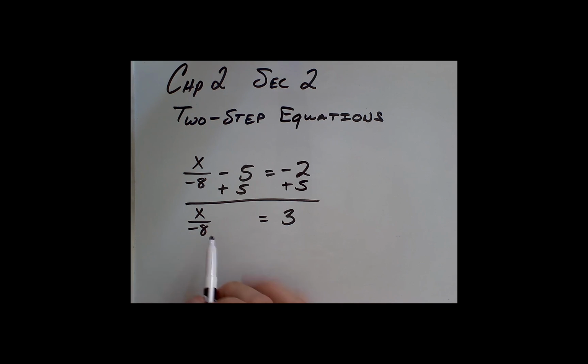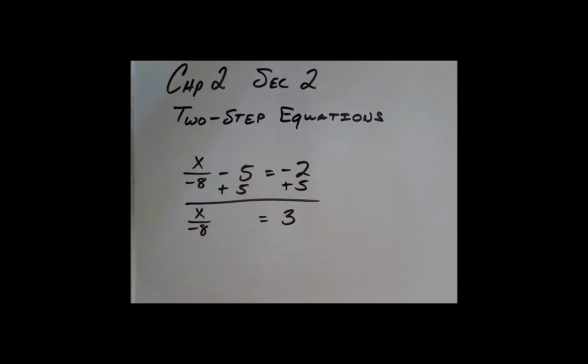Now we take a look at this negative 8 in the bottom. Remember before, in that last example, when we had the 3 in the bottom, all I did was multiply by its multiplicative inverse, right? Because this negative 8 is really negative 1/8, or in the case of the 3, it was 1/3.